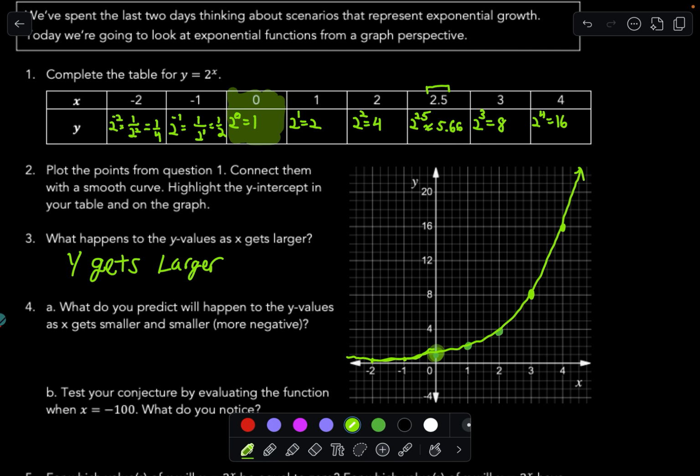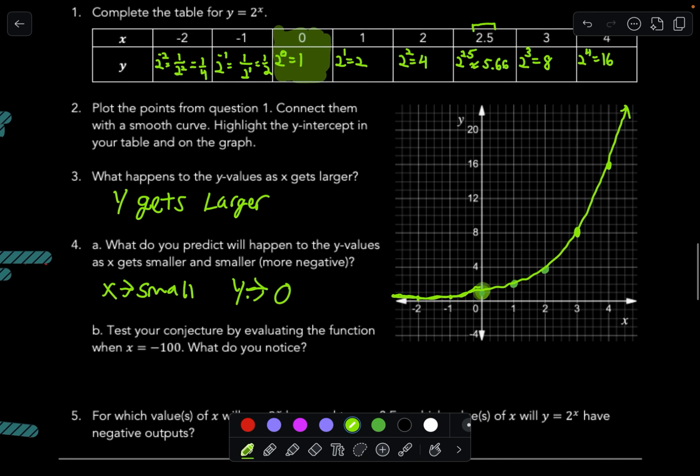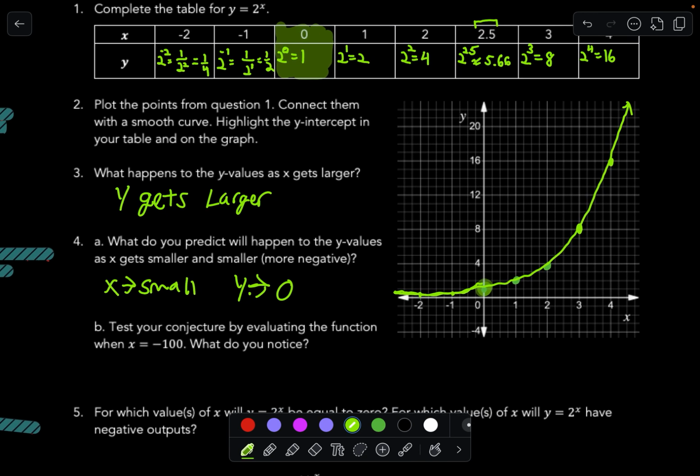Well, it looks like as x gets small, y goes to 0. Y gets smaller. So we call this, that approaches y equals 0 asymptotically, okay? So let's just test our conjecture.